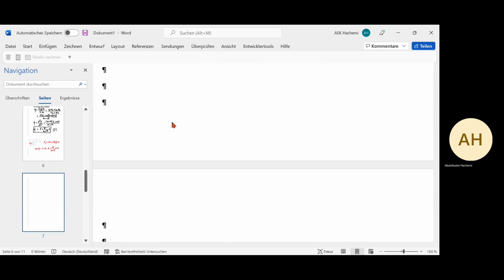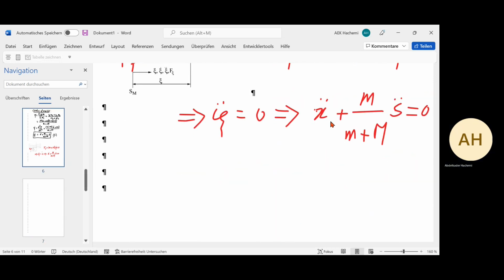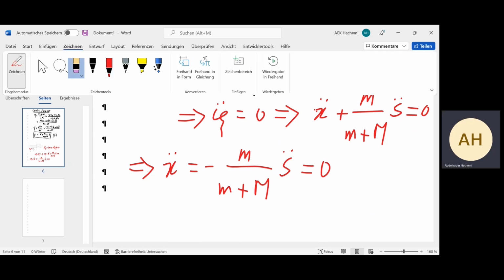Now, if we develop further, we have the expression of x dot dot, which is only minus m divided by small letter m plus capital letter M times s dot dot. There is the equality.